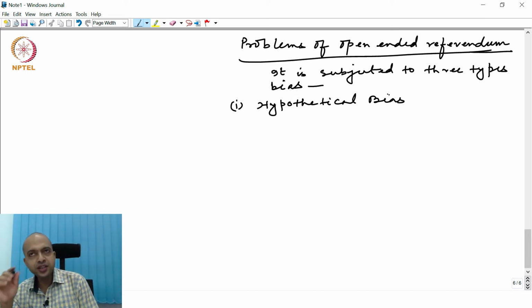This hypothetical bias is actually common for any type of CVM study. We have already explained in our previous class that it is related to the creation of the hypothetical market. That means if the researcher fails to create that hypothetical market properly, then the respondents are not convinced.